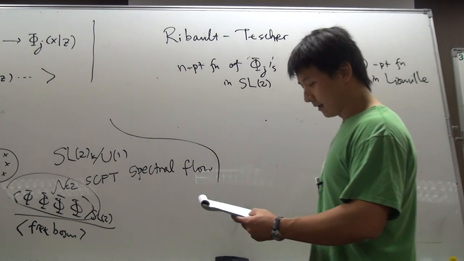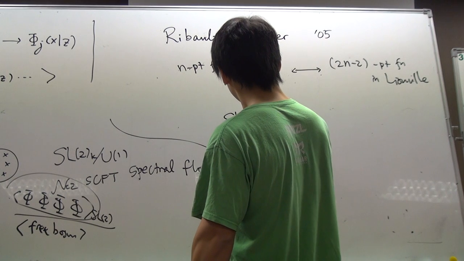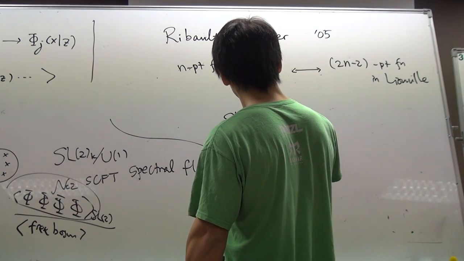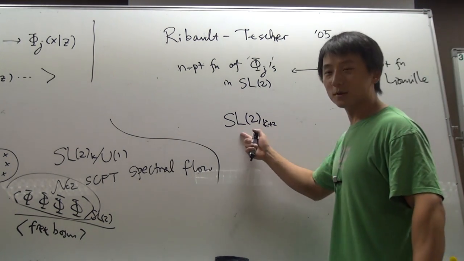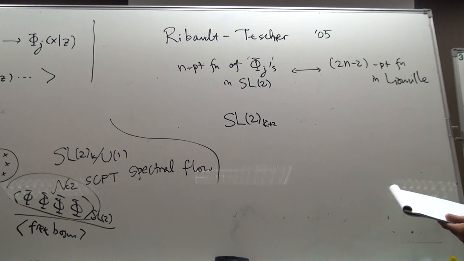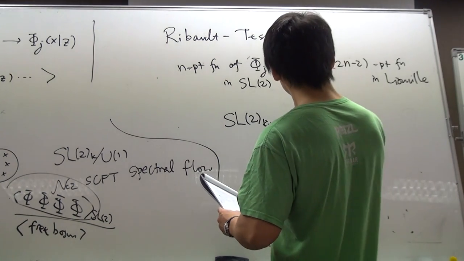What is this relation? For our interest, the fermion part is just some free fermion, we can handle that. The bosonic part, which is the bosonic SL2 at level k plus 2, will be related to some Liouville theory.